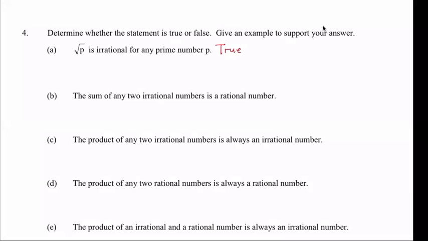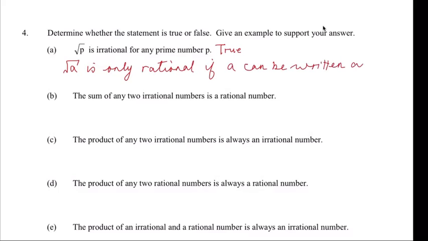Because square root of a is only rational if a can be written as something square, right?